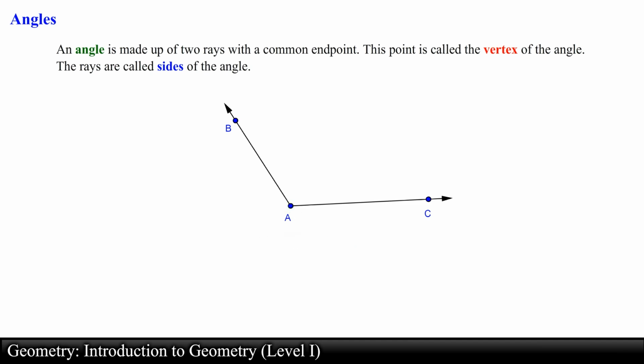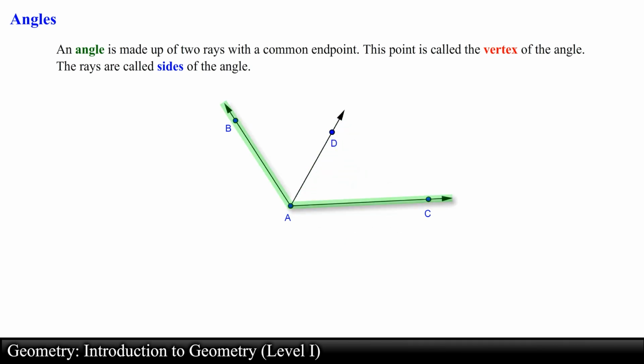If we take the same angle and draw another ray from point A to point D, we would end up with 3 new angles. Make sure you can see them. The first angle is formed by points BAD and is denoted as angle BAD or angle DAB. The second angle is denoted as angle DAC or angle CAD.